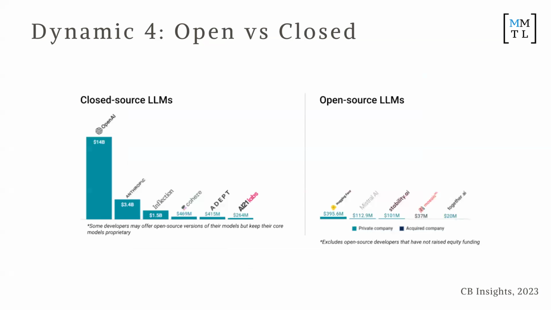Now, closed source LLMs. So obviously money plays a big role in this. As you can see, OpenAI has a lot of money to throw at these models. So I think they've raised about 14 billion now. And so they're a big player in this field. Anthropic is the second. They create Claude and they've raised 3.4 billion. And as you can see, the open source AIs, they're not doing so well in terms of money, right?